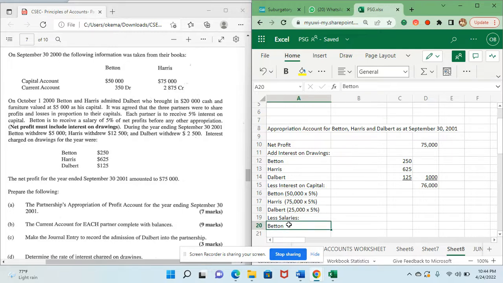And of course, the salary. Beton was supposed to receive a salary of 5% of our net profit. We just have to work these out. So this would be 2,500.